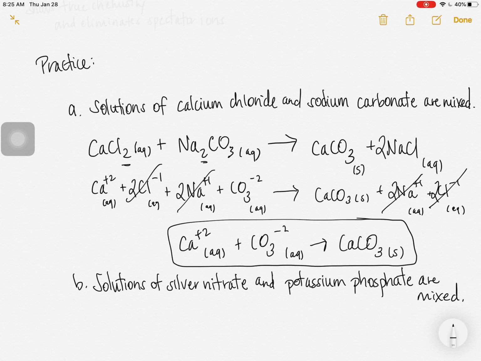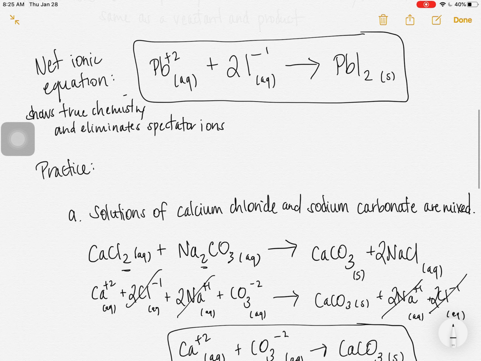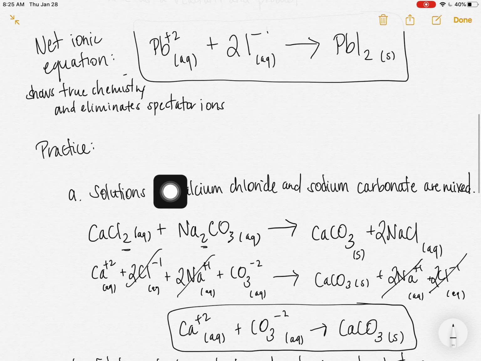Now, you might be on to me with these 2 as an example, and here's the shortcut, okay, but this only works in certain circumstances. If the reaction is a double replacement and the situation is an aqueous and an aqueous make a solid and an aqueous, whatever, the net ionic will always be the ions that form the precipitate every single time.